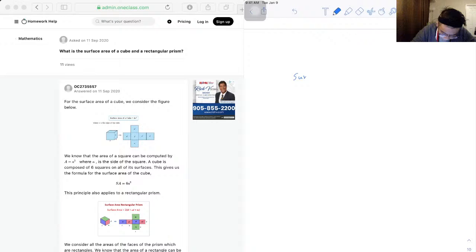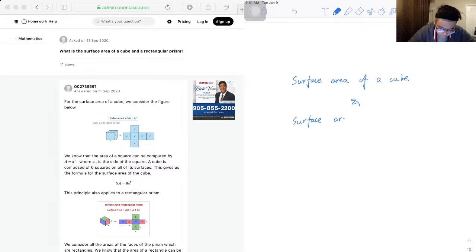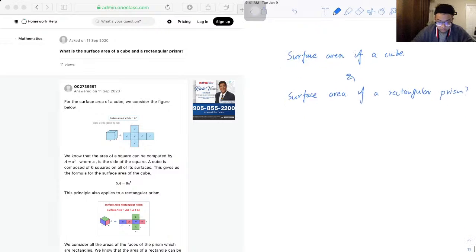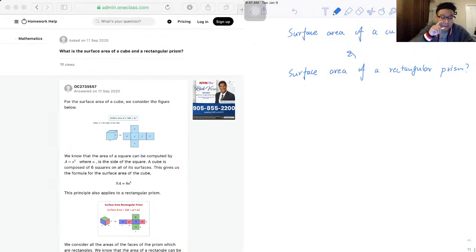Surface area of a cube and surface area of a rectangular prism. Alright. So first let's deal with the cube part first.